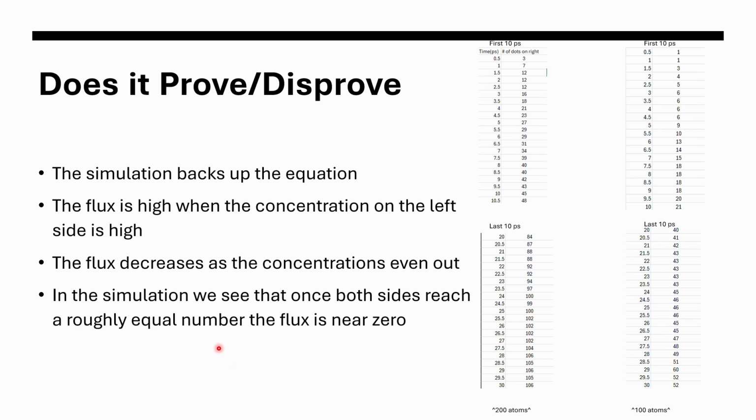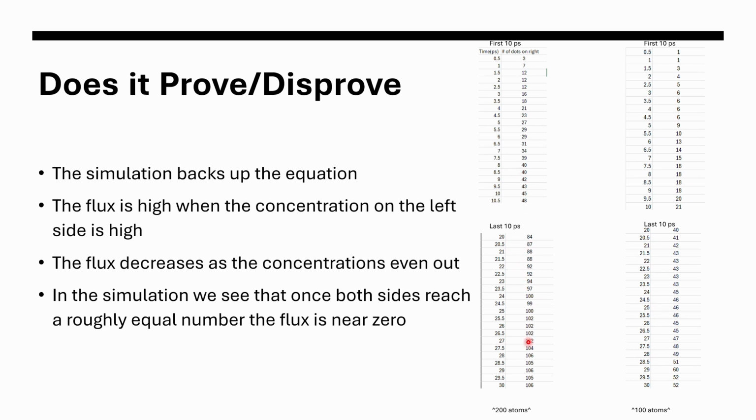In our simulation, we see that when the concentration on the left side is high, our flux is higher. We can see this in our data over here, where there's a change of 48 dots or atoms from 0 to 48 here in the first 10 picoseconds.